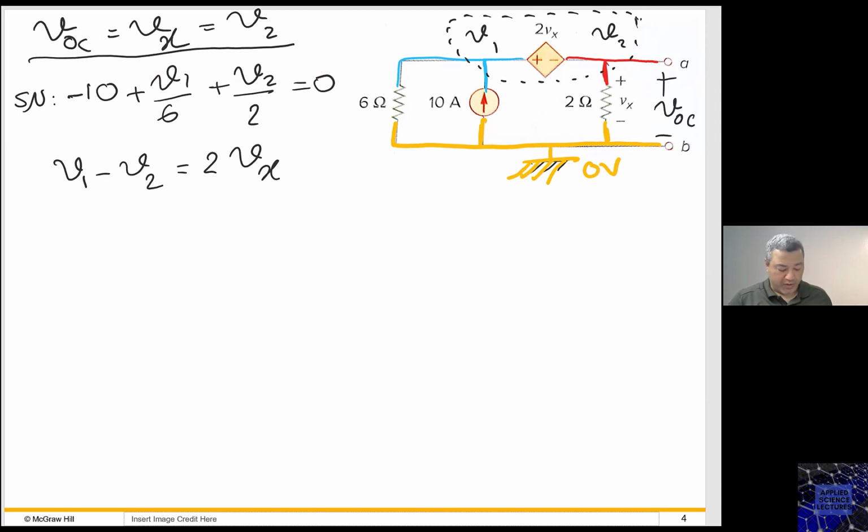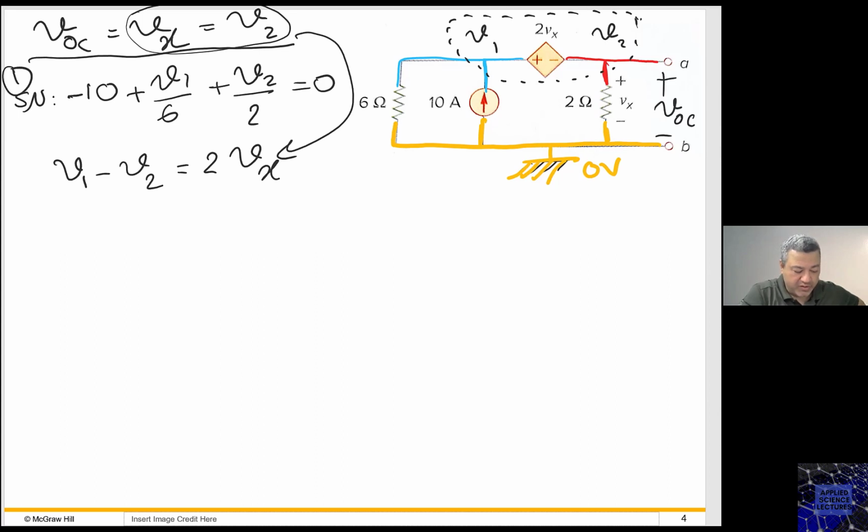Okay, so back to our example here. V1 minus V2 equals 2Vx. But guess what? V2 is Vx, right? So let me say that the supernode equation is 1.